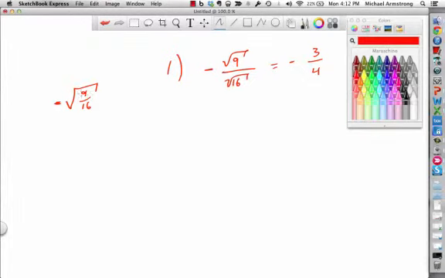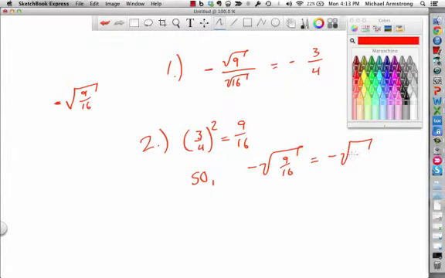So we could just remember, this is the second way, we could say, well, 3/4 squared is equal to 9/16. So negative square root of 9/16 would be equal to negative square root of 3/4 all squared.